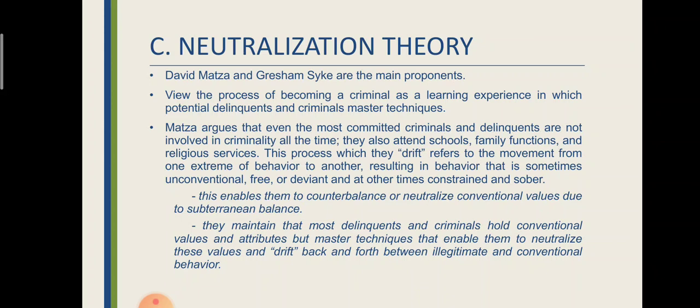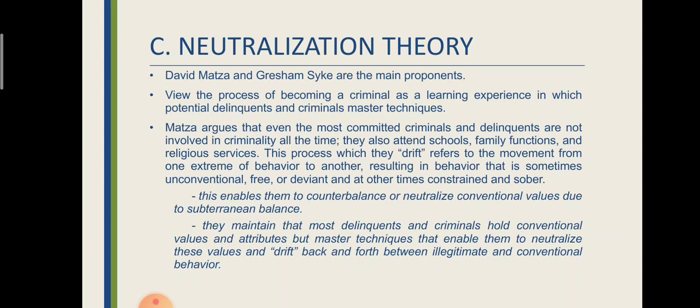So they maintain that most delinquents and criminals hold conventional values. Those are the values that are learned from their parents, good personality and attributes, but they master techniques that enable them to neutralize these values and drift back and forth between illegitimate and conventional behavior.